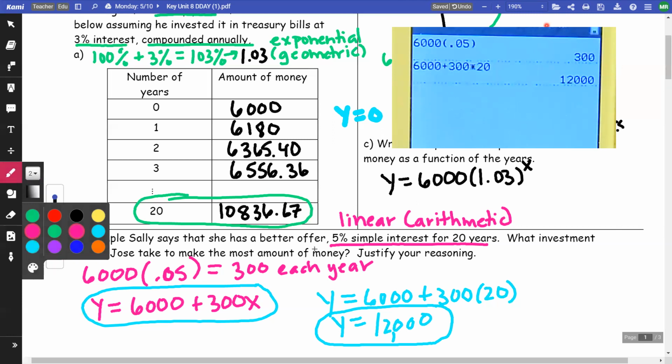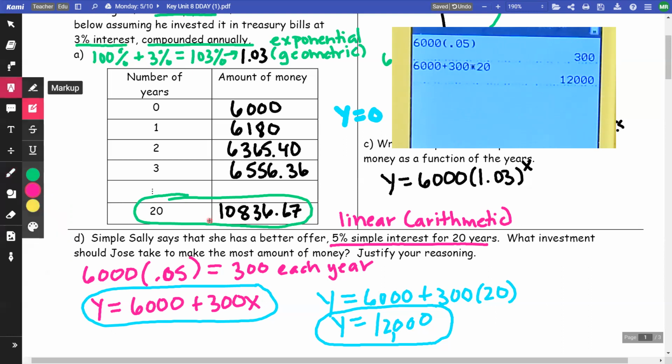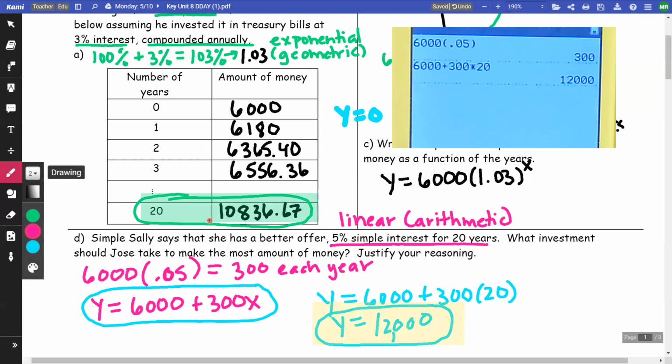So this one here, which is my simple interest, is going to be more than my compound interest. Again, we are comparing this one here, let me color code it, I'll do this one in yellow because I've already written it in blue, with that one there. And it asks us, what is a better situation?